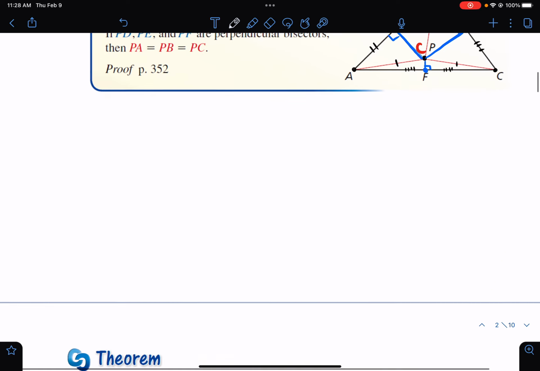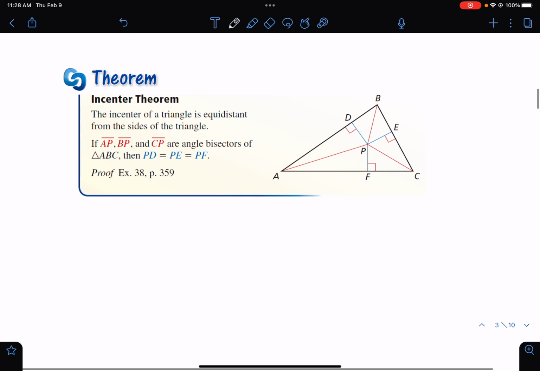All right. Now the second point of concurrency that we're going to use today is the incenter. Again, that's this point right here in the middle, point P. Maybe we're going to change that to I for incenter. But you're going to want this diagram in your notebook as well. So the incenter is equidistant from the sides of the triangle.